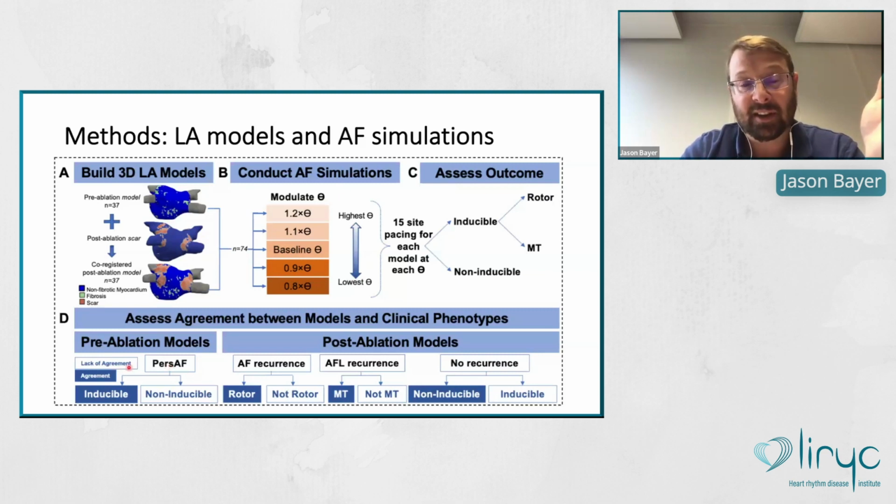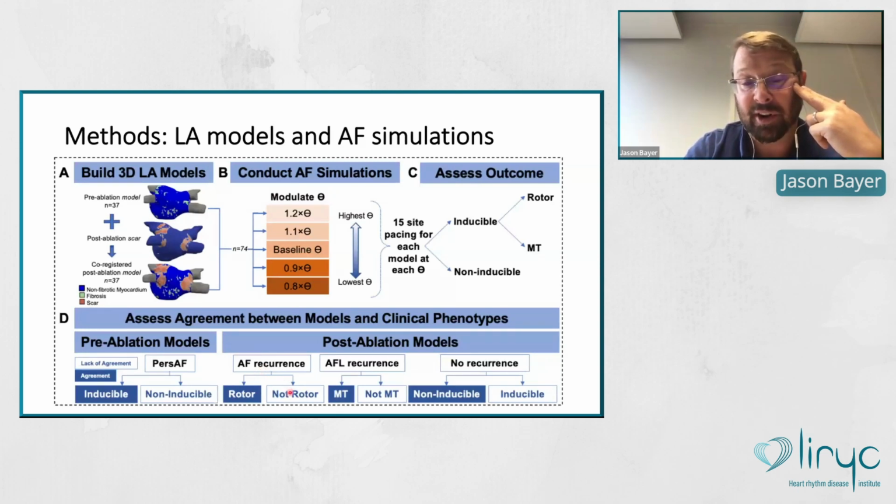So all they did was check, in the pre-ablation models, whether you could induce an arrhythmia or not, and how that agreed with the patient. And then they did that for 3 cases where post-ablation in certain patients AF was the arrhythmia considered to reoccur after the ablation.